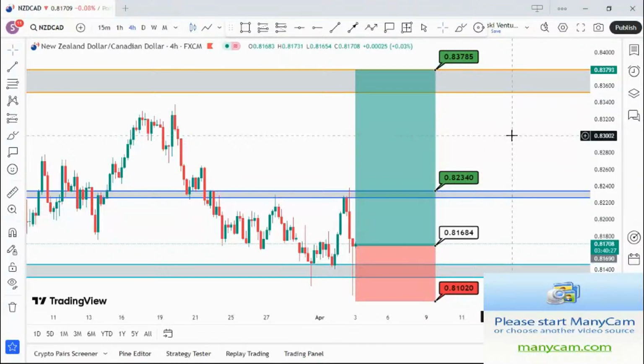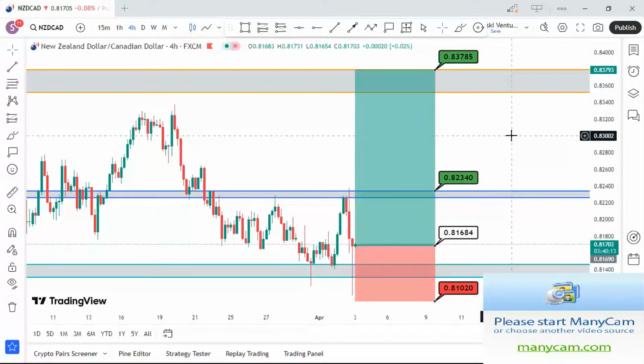Today we were able to catch about 3,000, two times. That's about 6,000 to 7,000 pips on BTC, EUR USD, NZD USD, AUD USD, and GBP CAD, and a couple of other pairs, but they all gave us massive moves.